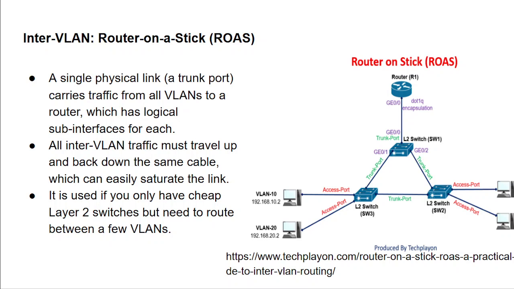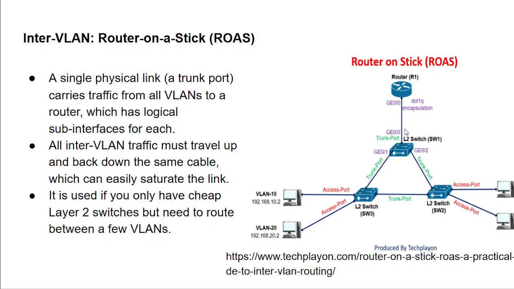The router on a stick method must allow us to carry all the VLAN traffic through this trunk link. Therefore, this can be saturated if we have a large amount of traffic.